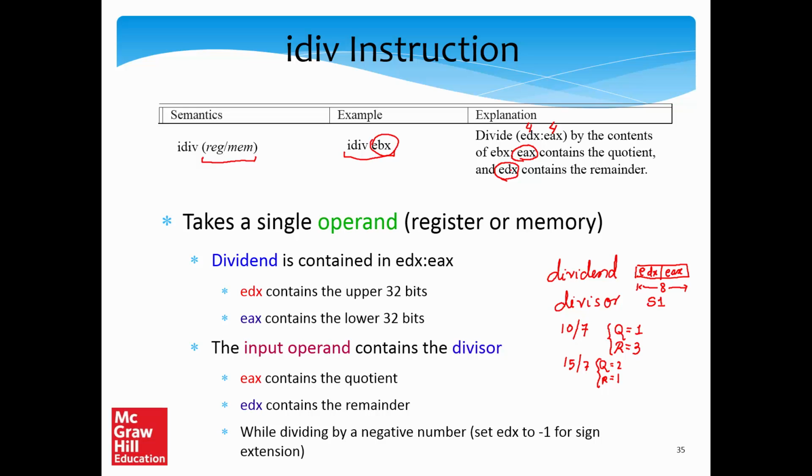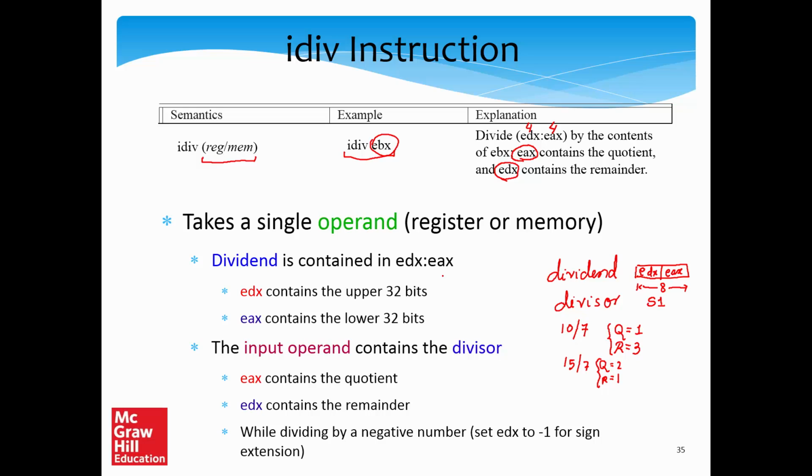And so in this case, EDX and EAX are containing the dividend. Then they are getting overwritten. So EAX will ultimately contain the quotient at the end, and EDX will contain the remainder. Alright, so let me just summarize what's written here. The dividend is contained in EDX:EAX.